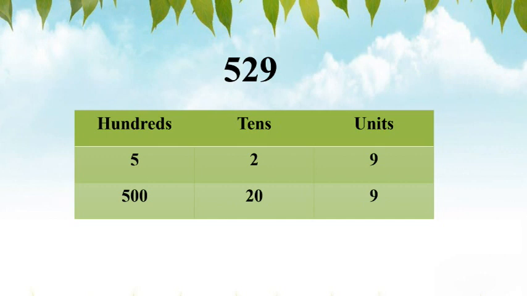So now let's look at another way we can write. Yes, we have to write here 500. In the second column we have to write 2, which is in the tens column, so we have to write 20 and in units we have to write only 9.